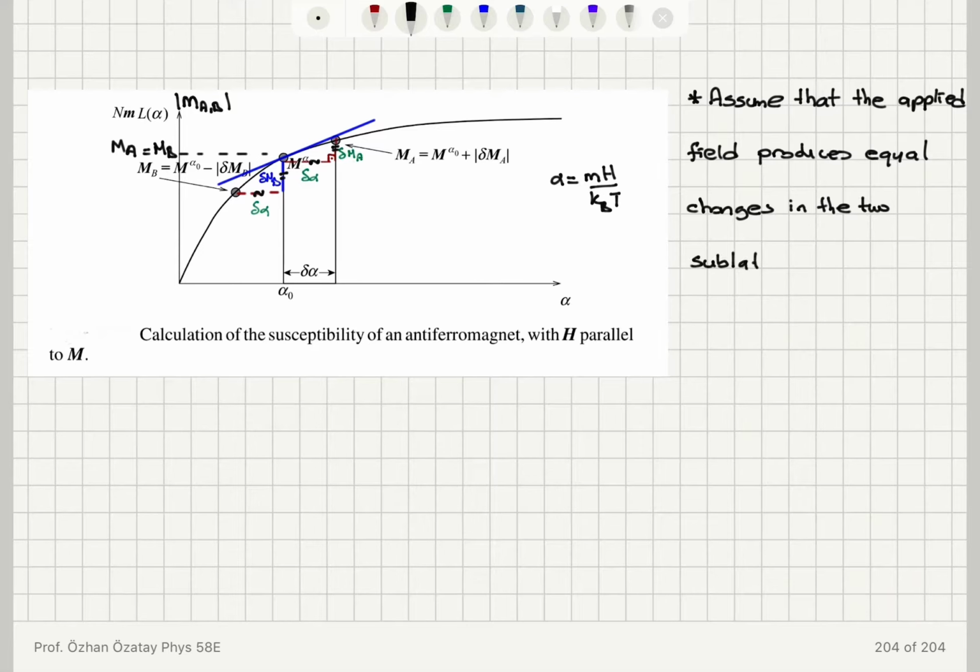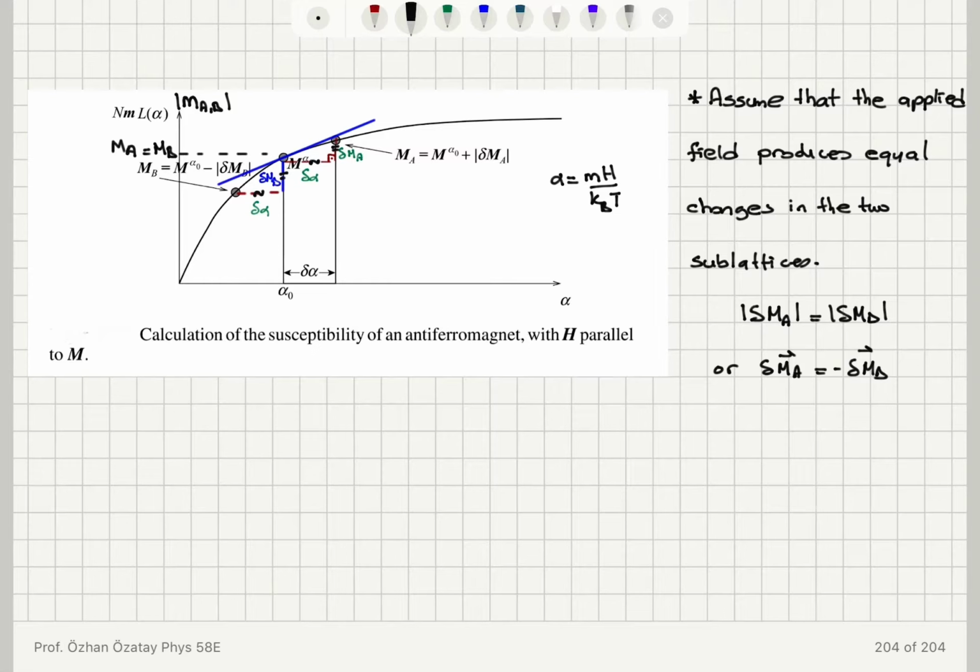So this is my assumption. With that, I will have the magnitude of delta MA equal to the magnitude of delta MB, or I will have the delta MA vector equal to minus the delta MB vector. So we can write it this way.